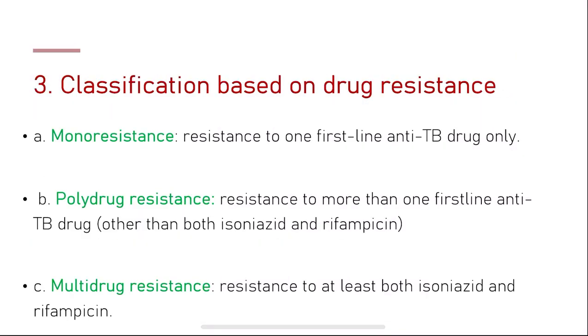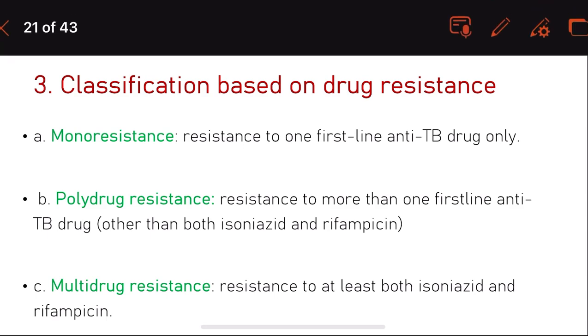Now we move further to the classification based upon drug resistance. We have monoresistance, polydrug resistance and multidrug resistance. Mono represents single. Monoresistance is resistance to one first line anti-TB drug, just one.